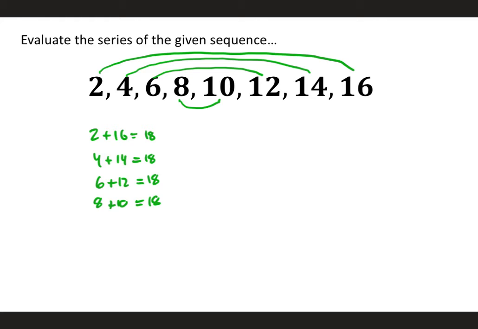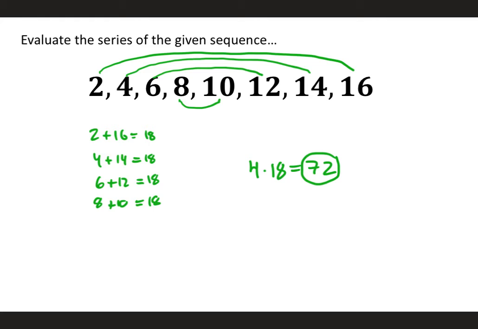So he thought about it and he said, well, 1 to 100, if I split that in half, there's 50 pairs of 101. 50 times 101, I have my answer. Or in this case, 4 times 18, which is 72. Hey, now we have our answer.